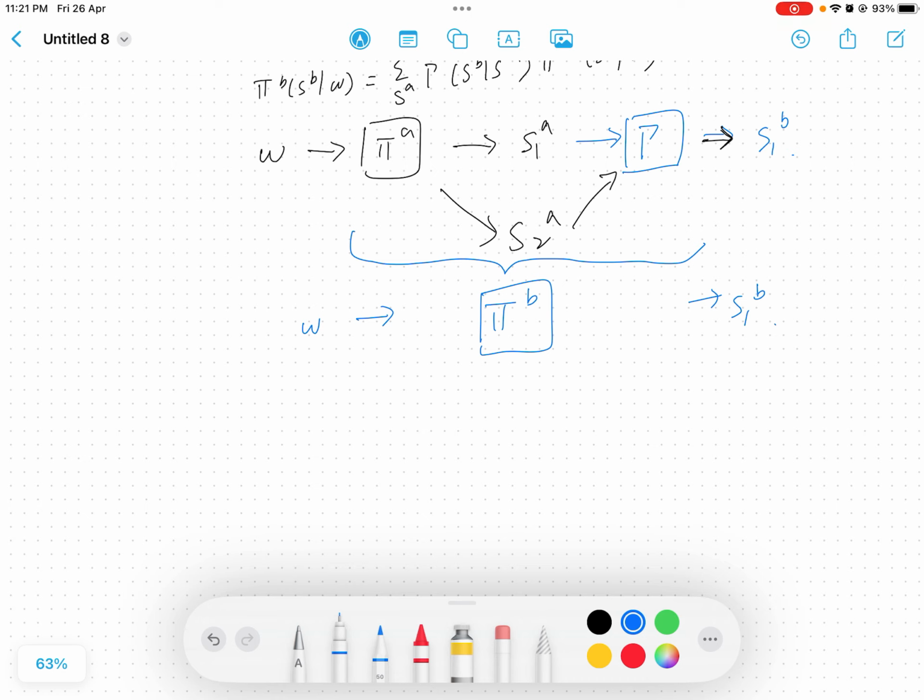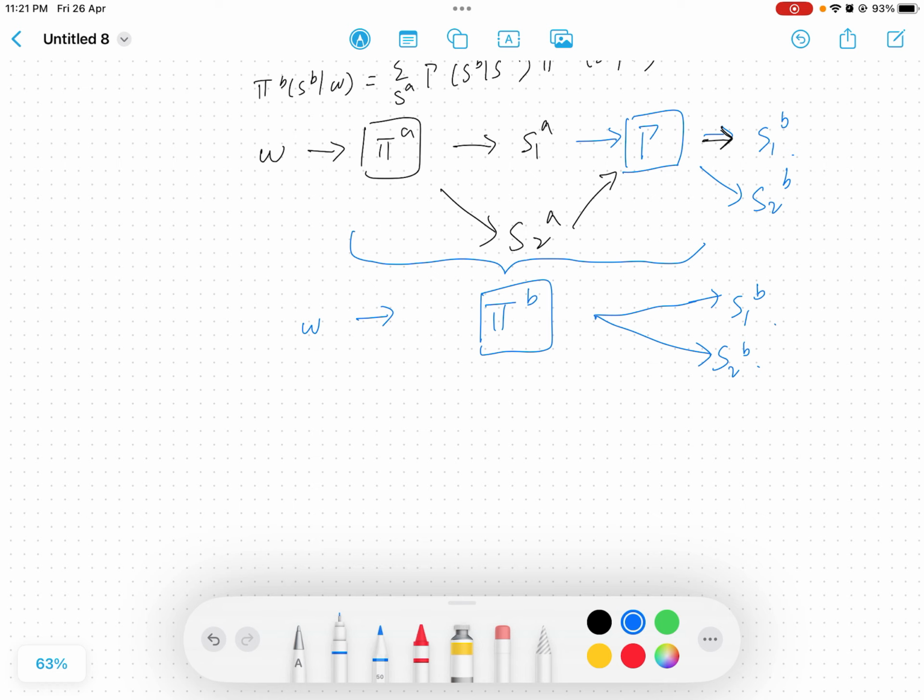Of course, it will also output S2b. This is a simple visualization of that.